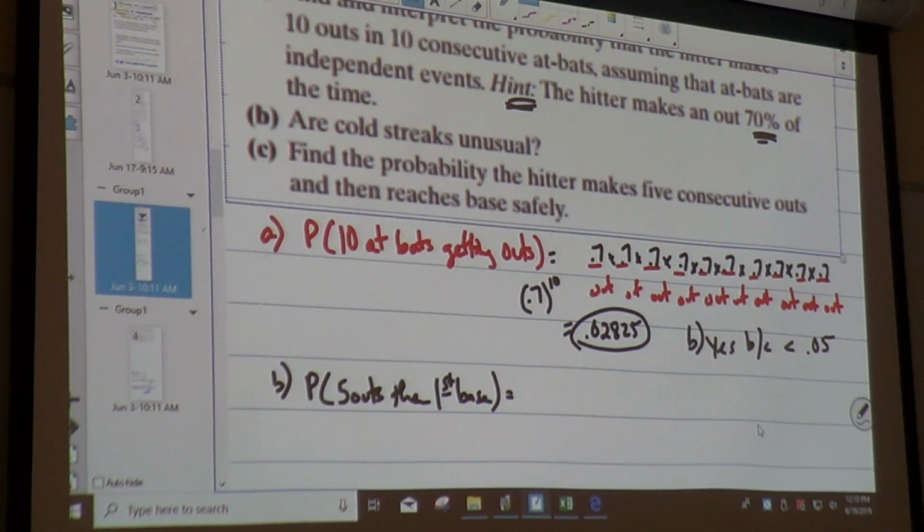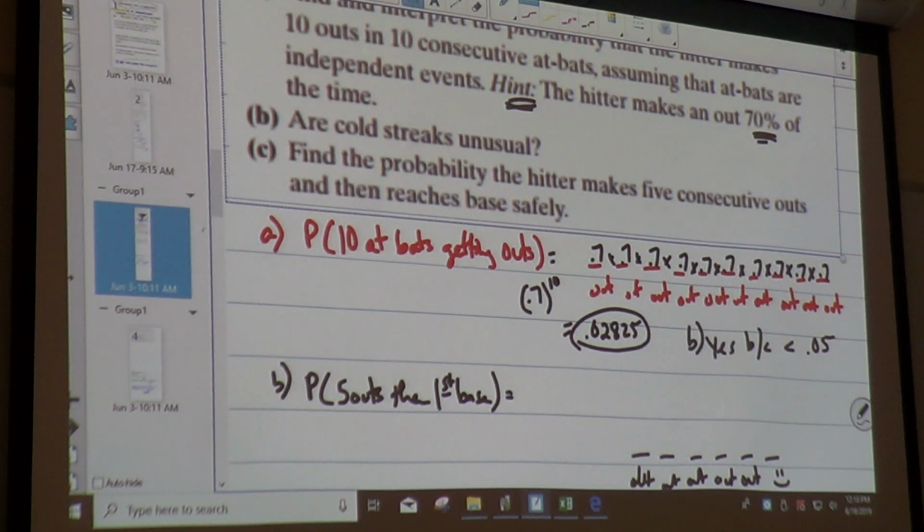How many times does he go up to home plate? 6. He got an out, an out, an out, an out, an out, and then he got some action.